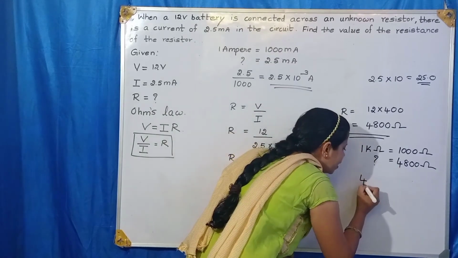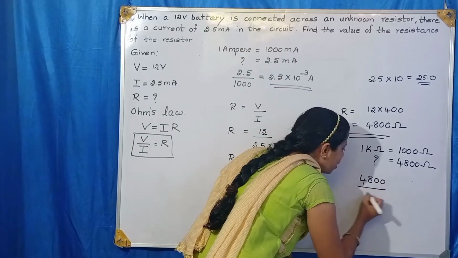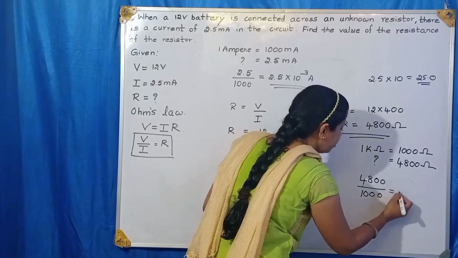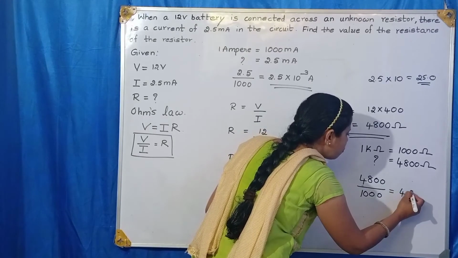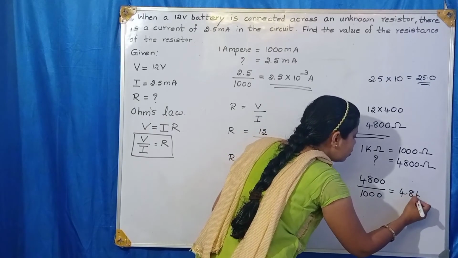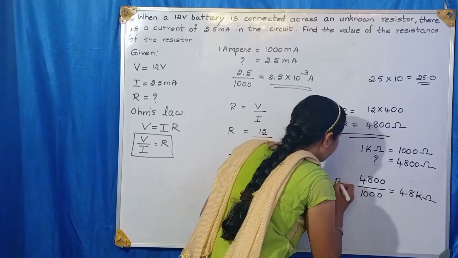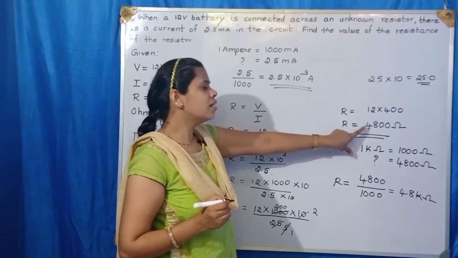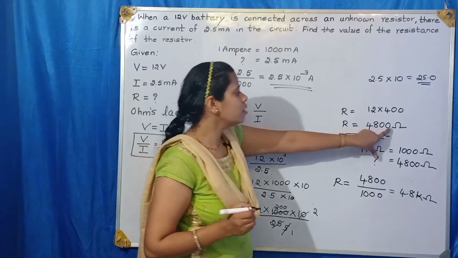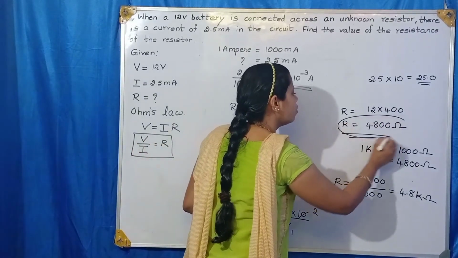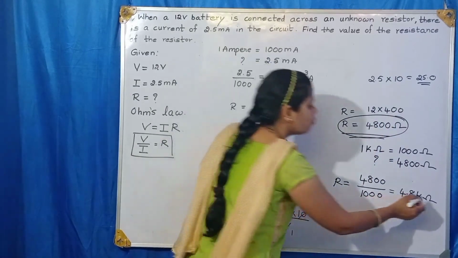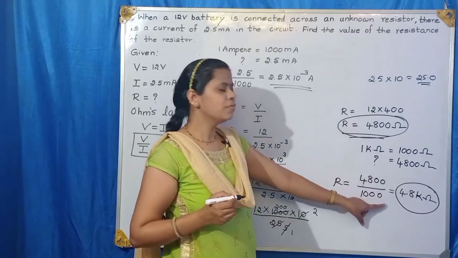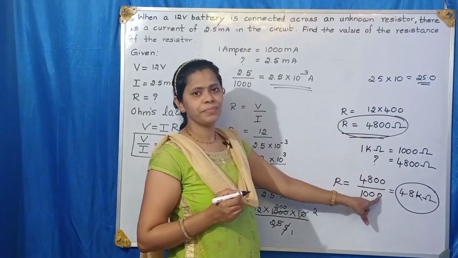That is 4800 divided by 1000, which is nothing but 4.8 kilo ohm. Here the value of the resistance is 4800 ohm or 4.8 kilo ohm. It is better to write both.